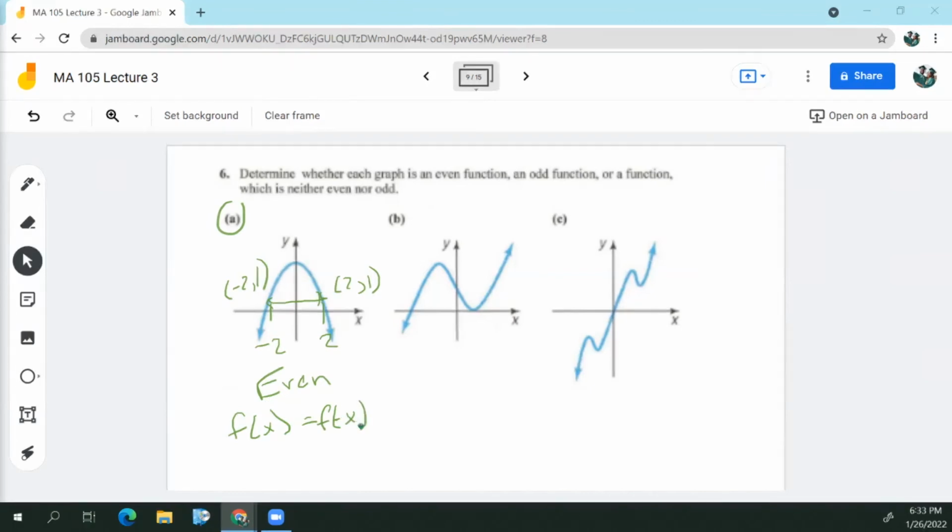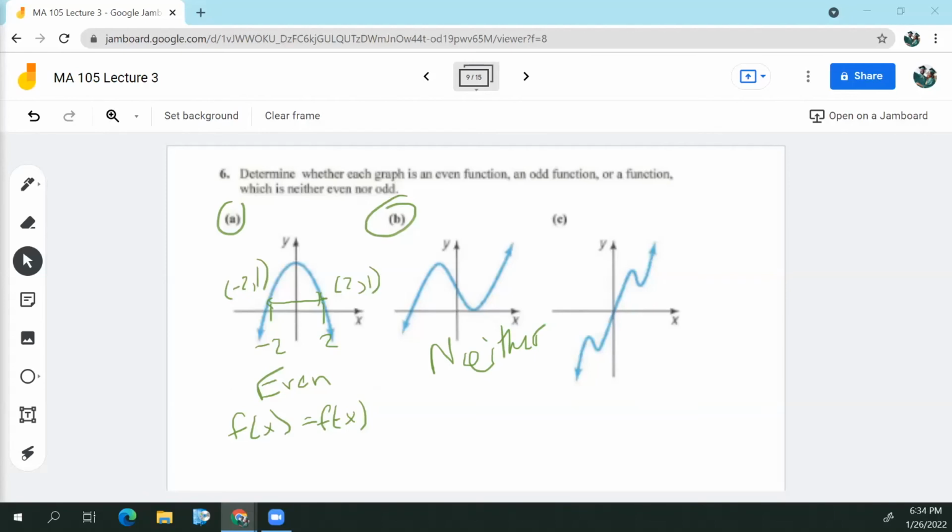All right, what about B? Is it odd, even, or neither? It's weird, this one is neither. Why is that? Because it's not symmetrical about the origin. Remember, symmetrical about the origin means if I were to take my graph and rotate it 180 degrees, I should see the exact same thing.